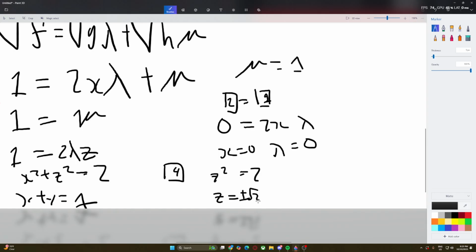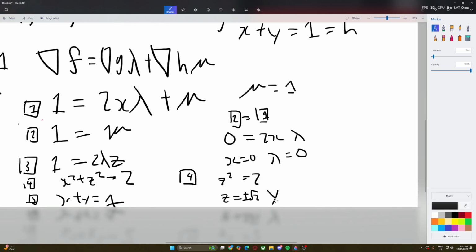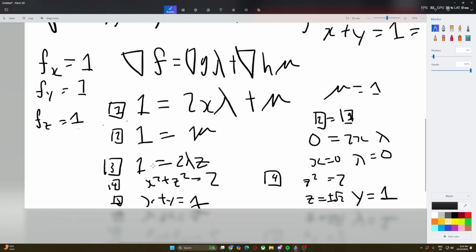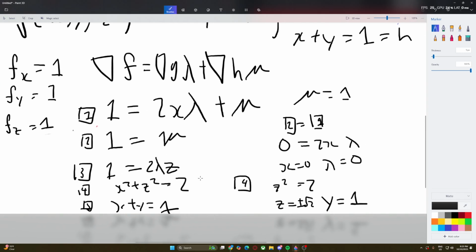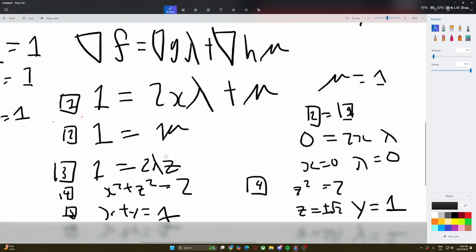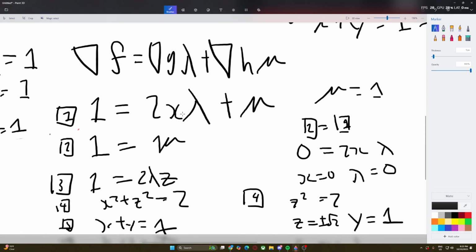And then that would also mean y equals 1. And yeah, that's basically all. Let me just see real quick though. If you try plugging in lambda for any x, for this one, it would just make 0 equals 1, so you can't do that.